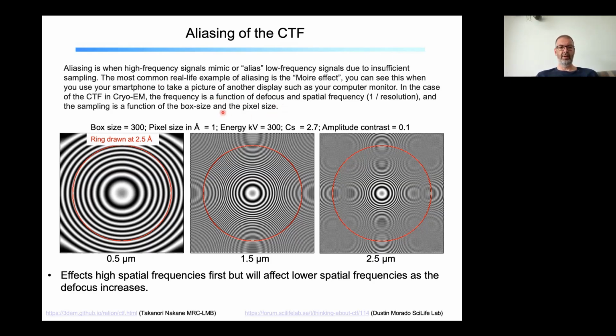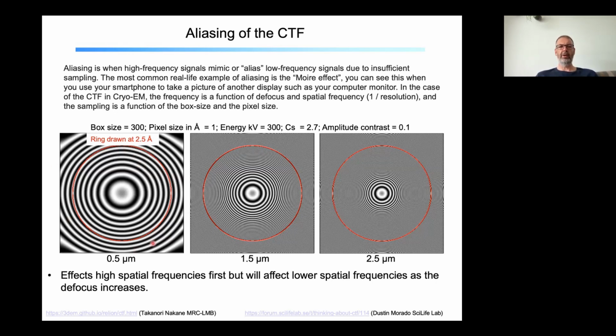And this is essentially down to the box size that you cut your particles or particles are extracted in, and the pixel size of that box. As you increase the defocus, on these 3 diagrams, we have this ring you see about 2.5 angstroms.